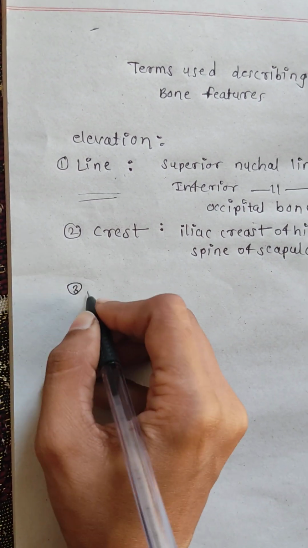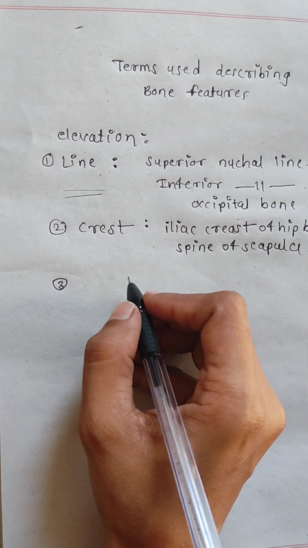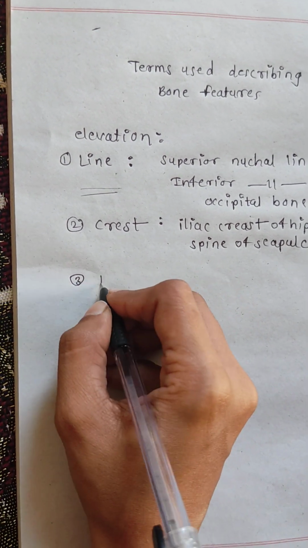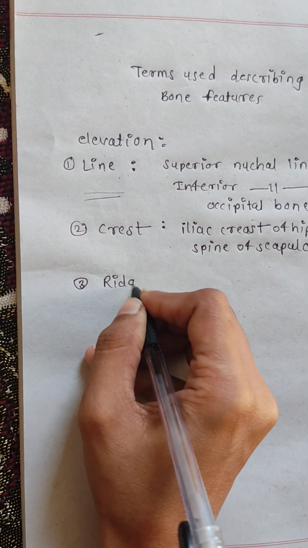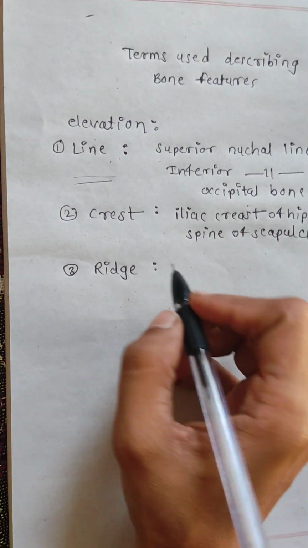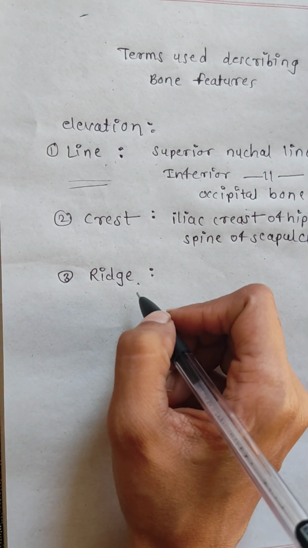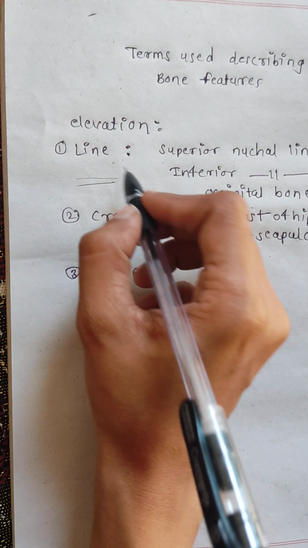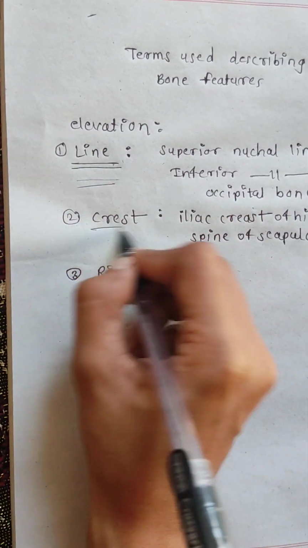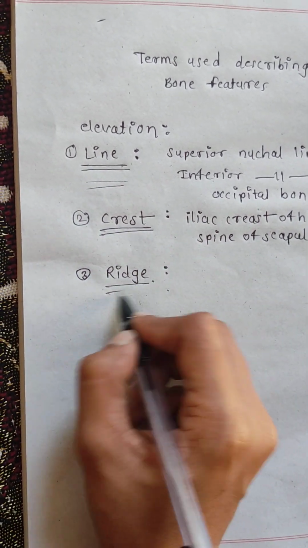And the third type of structure which is present in elevation is called the ridge. So there are three forms of elevation present in our body. First is the line, second is the crest, and third is the ridge.